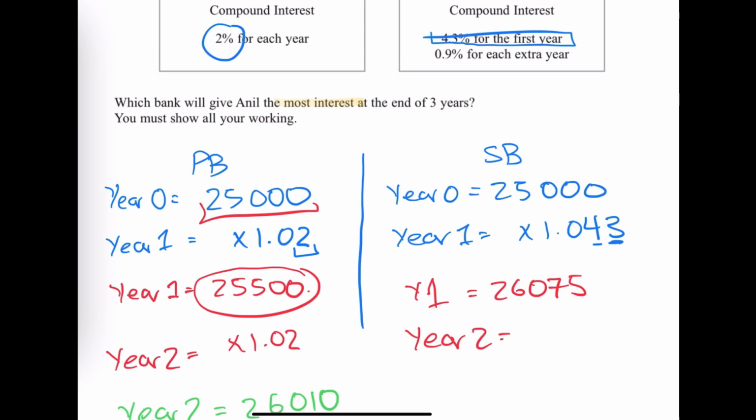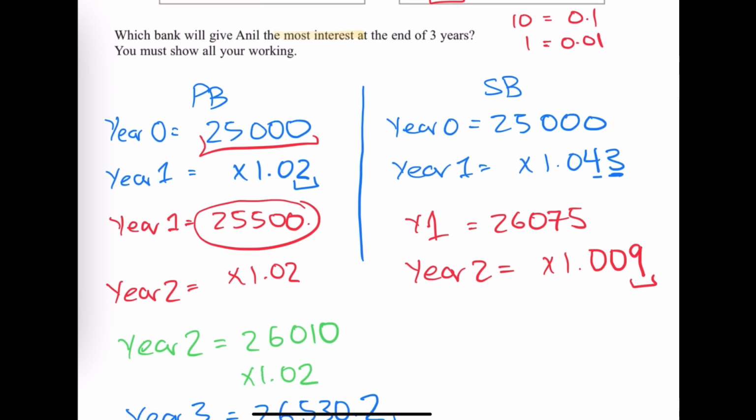Now we'll do year 2. Secure bank says for any extra year after that first year, we get 0.9%. So we're just going to times this by 1.009. Remember that 10% is the same as 0.1, and 1% is the same as 0.01, so this is to the third decimal place.